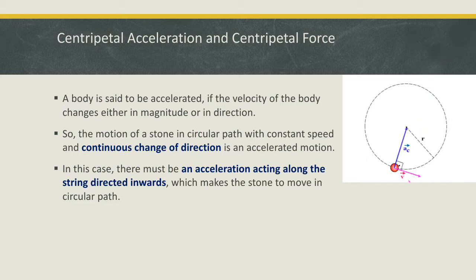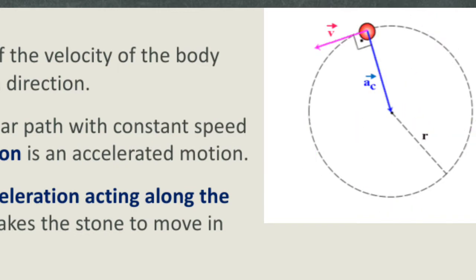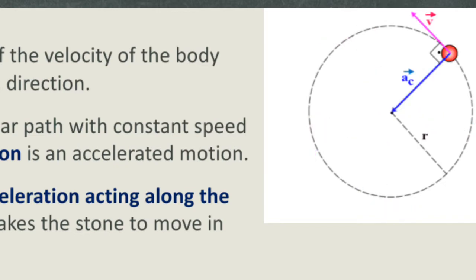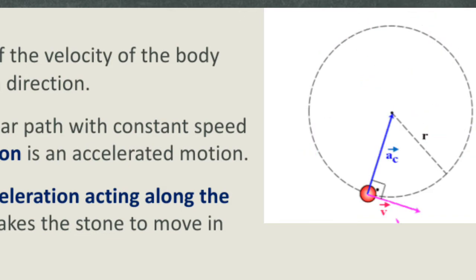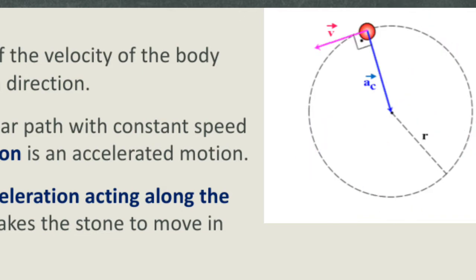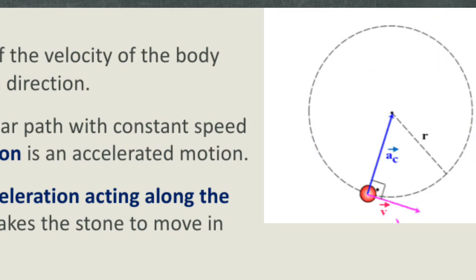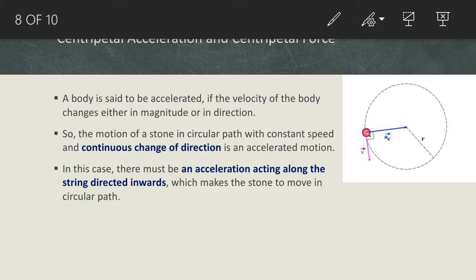This acceleration, as you can see, is shown by the blue color arrow mark; the blue color always shows the direction of acceleration. The direction of acceleration, in this case it's changing, but always it will be inwards. The bigger arrow, the blue color line, always it will be radially inwards.